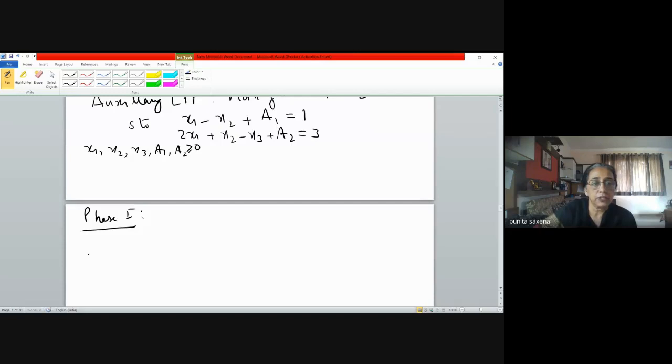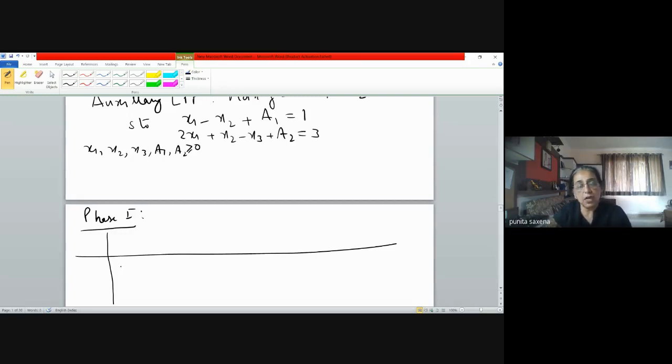And solve it. So wherever phase 1 ends, when you have a system of equations, you can have only two possibilities. Either the system will be consistent or inconsistent, right? If the system is consistent, it is going to have a solution.